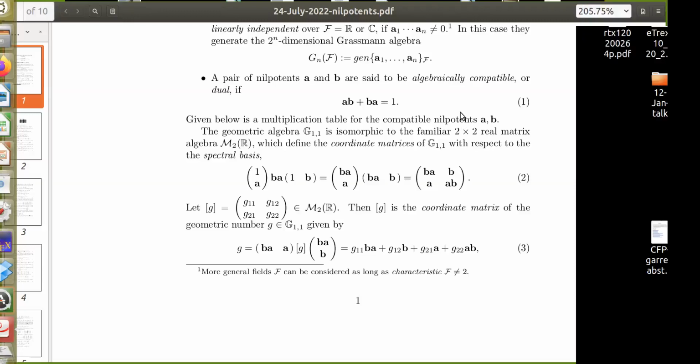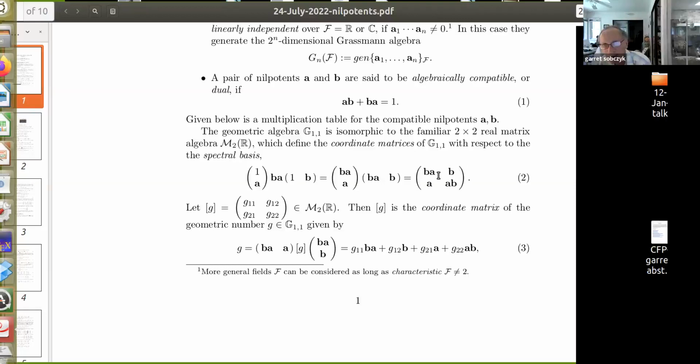But why call equation number two a basis, like spectral basis? Well, I'm calling it a basis, the matrix G11, G12, G21, G22, because the geometric number corresponds to this element, G11 BA plus a real number times this basis element B. These are all nilpotent.